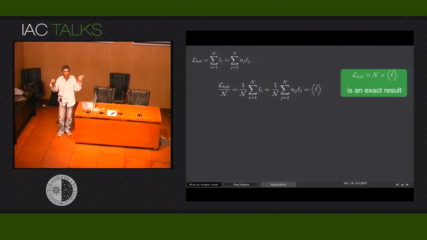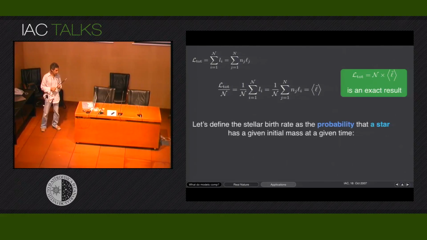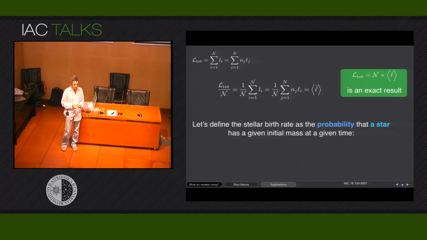If you obtain the mean of a population and multiply it by the number of elements in this population, you obtain the integrated quantity. On the other hand, when you are talking about the stellar birth rate, there was this thought about the number, about the mass, of how it works. Are we so intelligent that we are able to say exactly how many stars are in a galaxy? I don't think so.